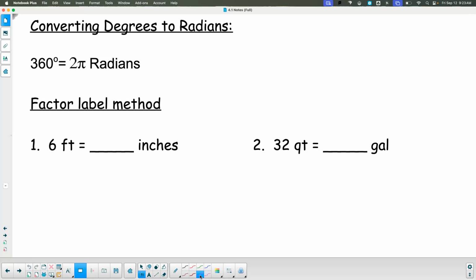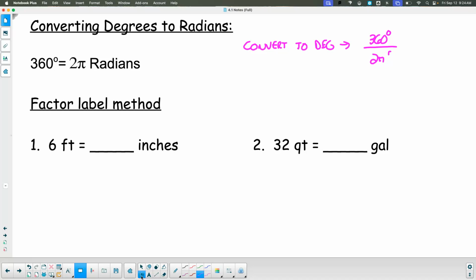So that means that if I am converting to degrees, then I would multiply by 360 degrees over 2 pi radians.